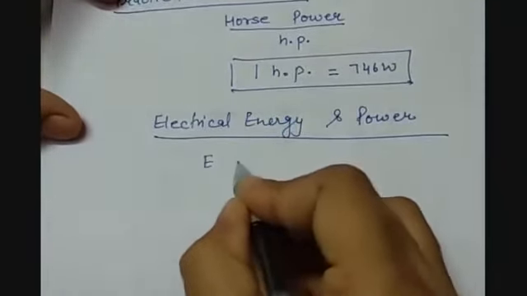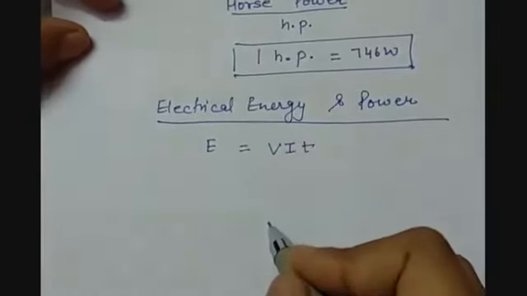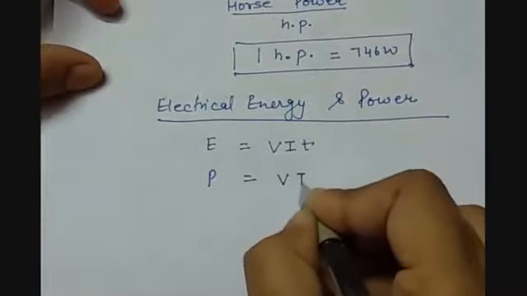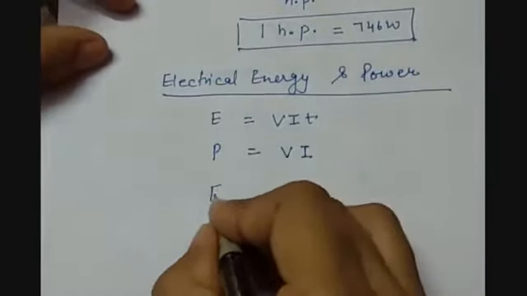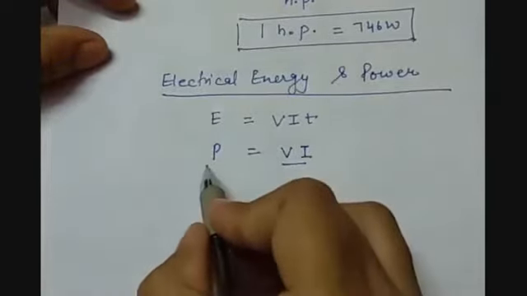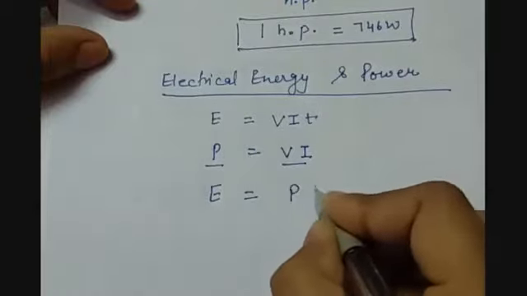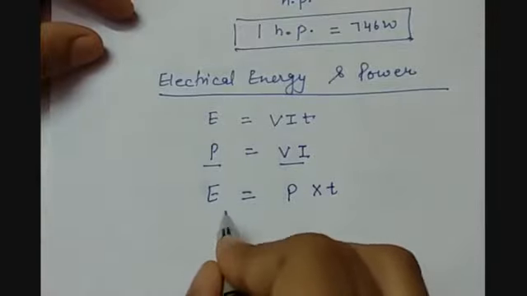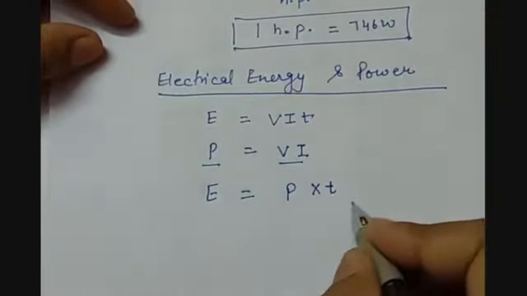Electrical energy is equal to V into I into T, whereas the electrical power is equal to V into I. So we can also write electrical energy, because this VI together can be written as power, as P into T. That means electrical energy consumed is equal to the power into the time.